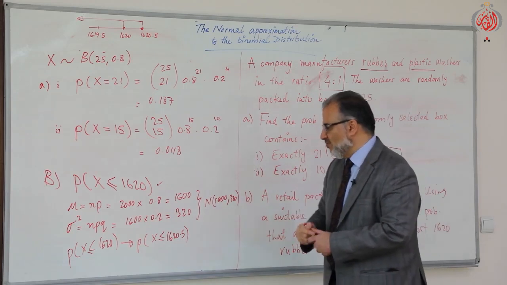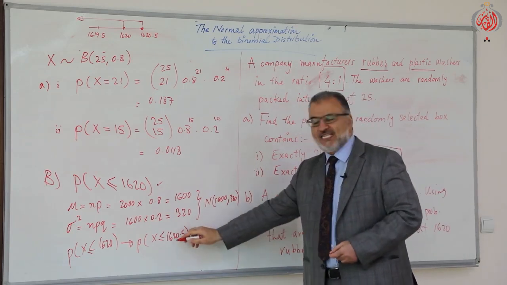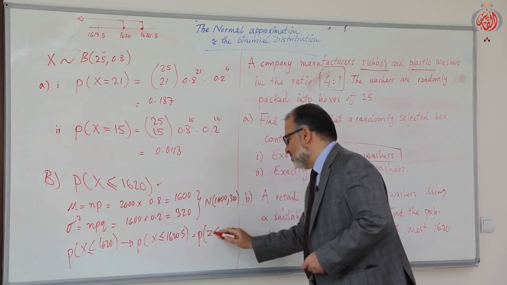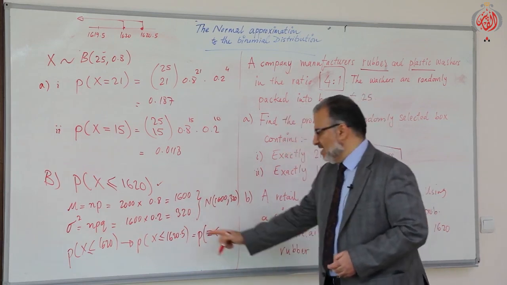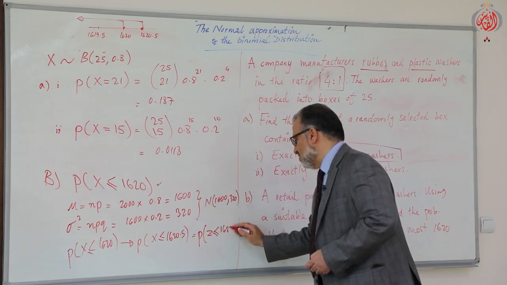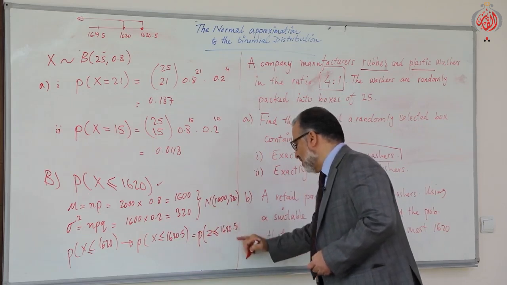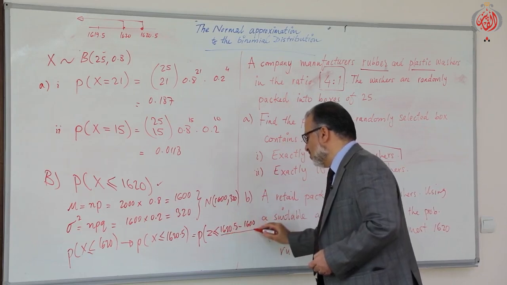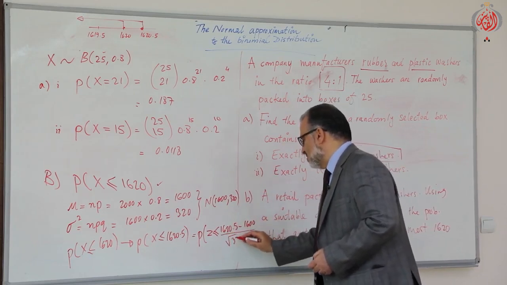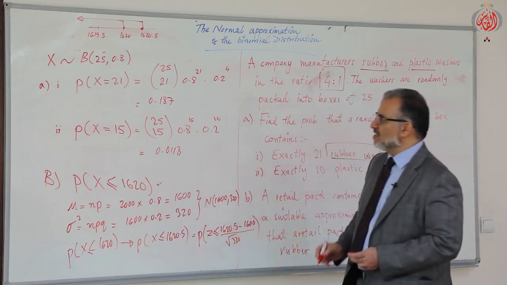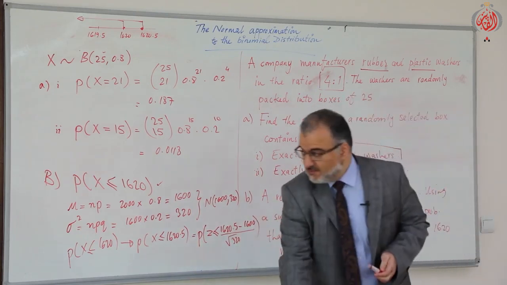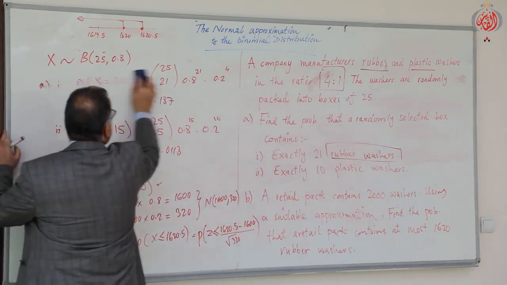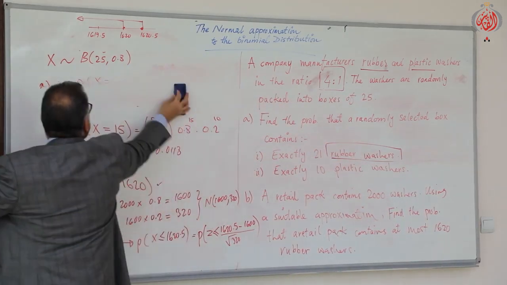Next, what to do? You have to go through the standardization. So probability of Z less than or equal to 1,620.5 minus 1,600, the mu, over the square root of 320. I'm sorry about the space I have, so I will erase that one to continue for you.